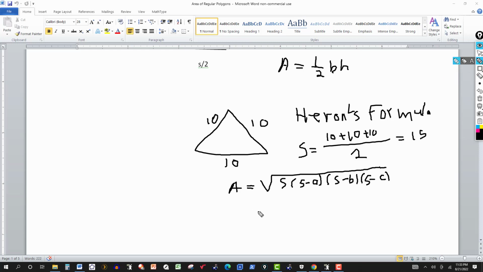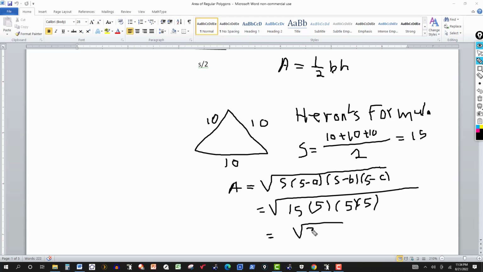So let's look at what we get in there. So this is going to be the square root. It's 15, and first one, A is 10, so it's 15 minus 10 is 5. 15 minus, again, is the same thing, so it's going to be 5. Again, S is 15 minus 10 again is 5. This will be 3, and then 15 is 3 times 5, so that's going to give me 4 5s.